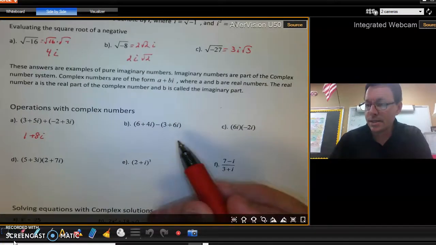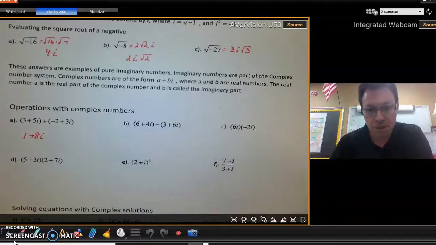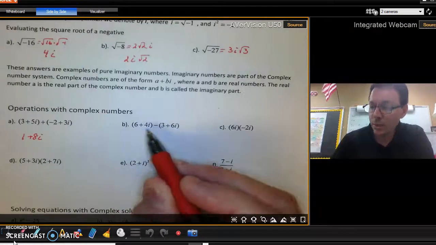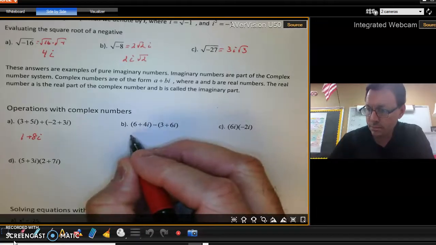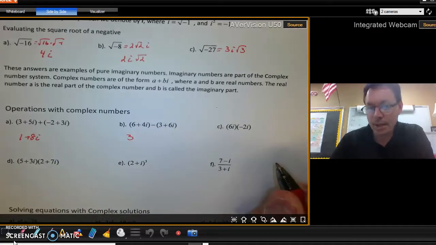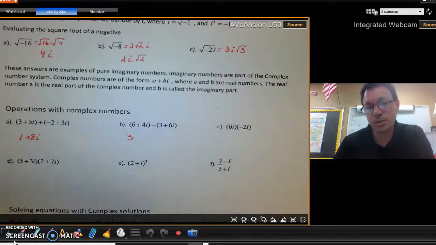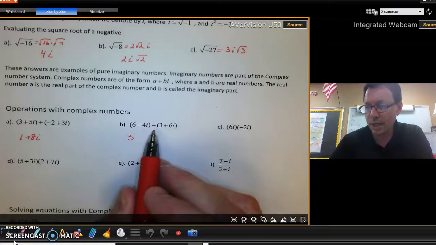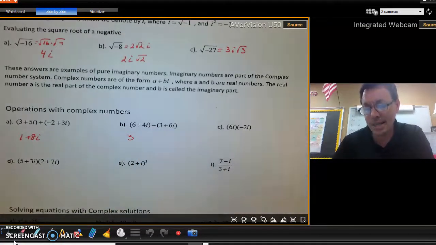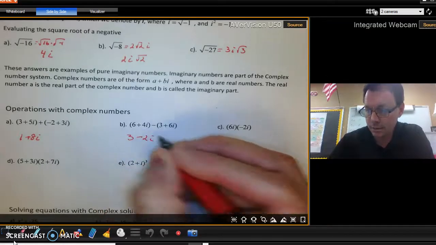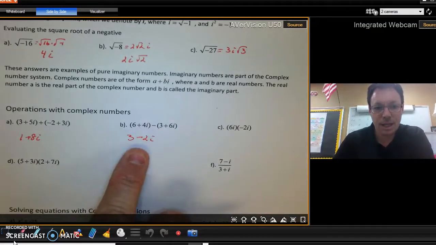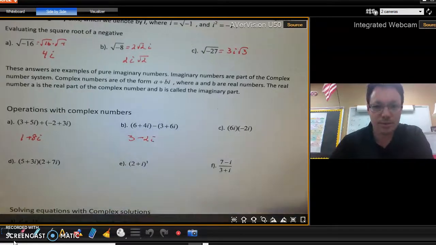Next example, subtracting. Same thing. Subtract the real parts, 6 minus 3, and then subtract the imaginary parts. Make sure you're distributing the subtraction. So 4i minus 6i is going to be -2i, and that is the complex number solution to this subtraction problem.